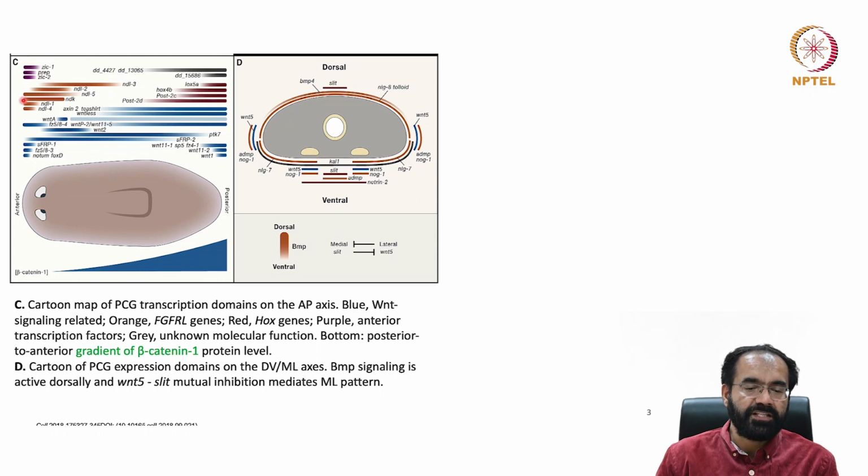Many of these genes, within this eye region itself, their gradient disappears, whereas some of them start faintly and then increase and then disappear, like NDL1, NDL3, for example. And several Wnts are there, with their expression and then disappearance. Same way posteriorly also, some of them are strong, some of them are weak.